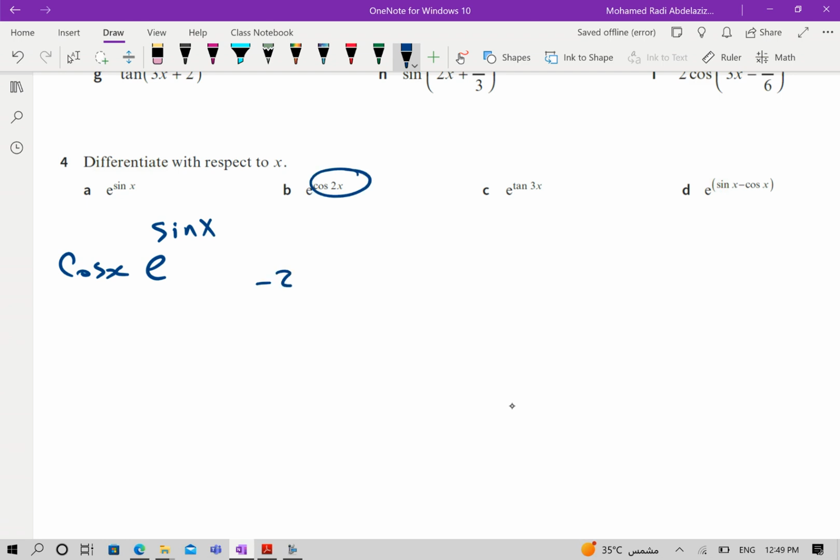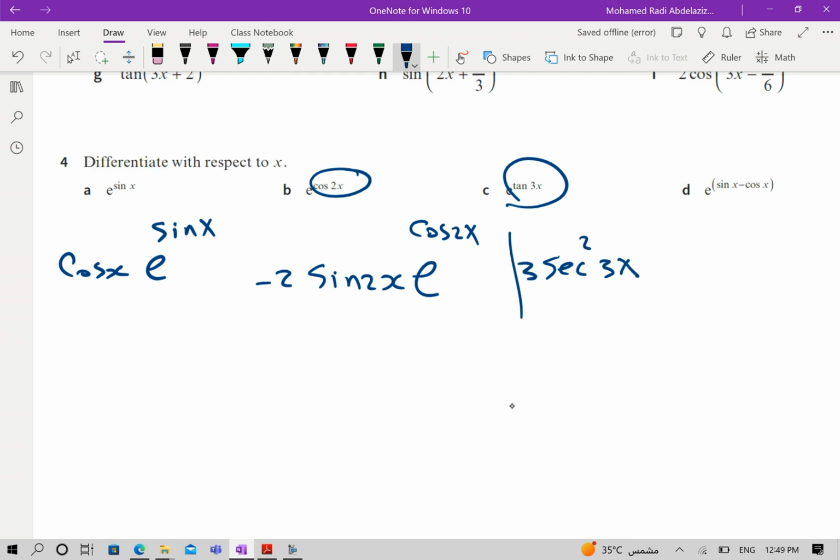Negative 2 sine 2x multiplied by e to the power of cosine 2x. Next, differentiation of tan 3x is sec squared 3x multiplied by 3, then write e to the power of tan 3x, and so on.